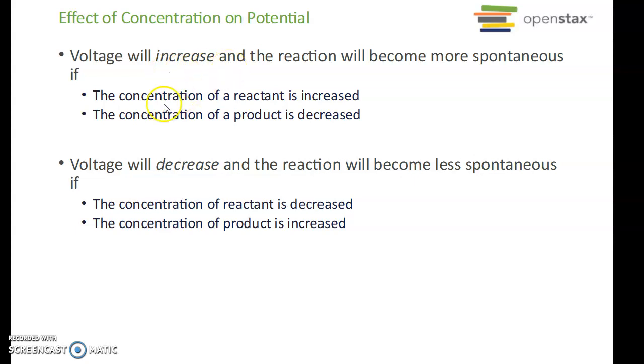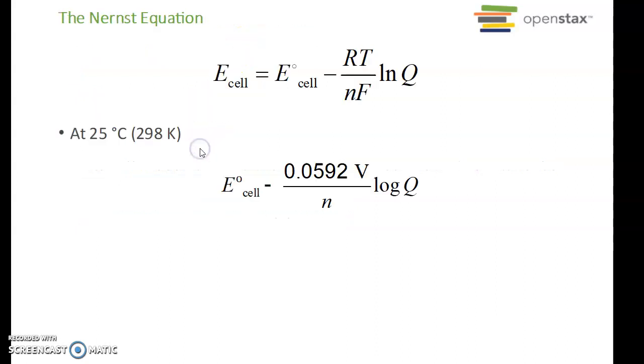Voltage will increase if the concentration of the reactant is increased and the concentration of the product is decreased. Voltage will decrease if the concentration of the reactant is decreased or the concentration of the product is increased. Okay? These are critical things to know about the effect of concentration on potential.